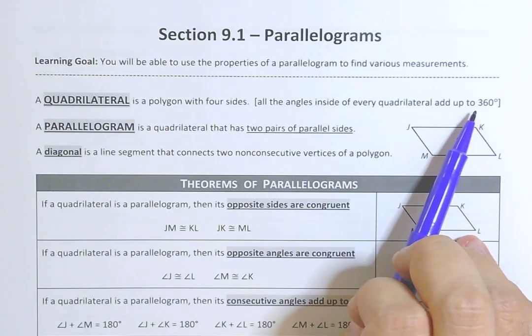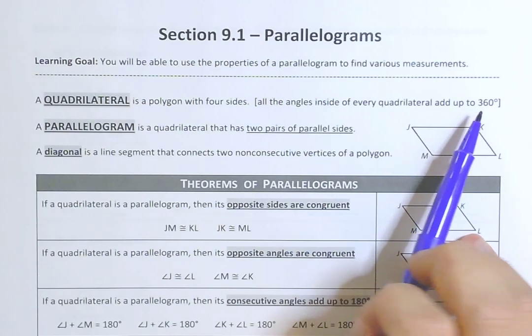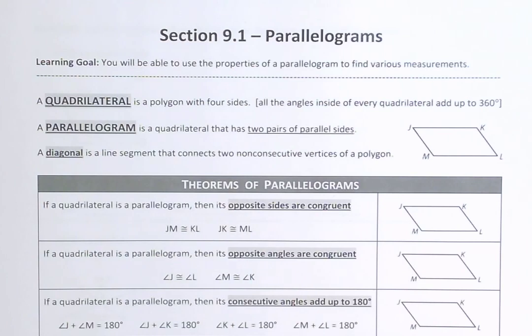In quadrilaterals, four-sided shapes, all the angles inside are going to add up to 360. That's going to be helpful with some of our theorems and problems today, and it's something you will need to know throughout the next week or two when we talk about quadrilaterals.